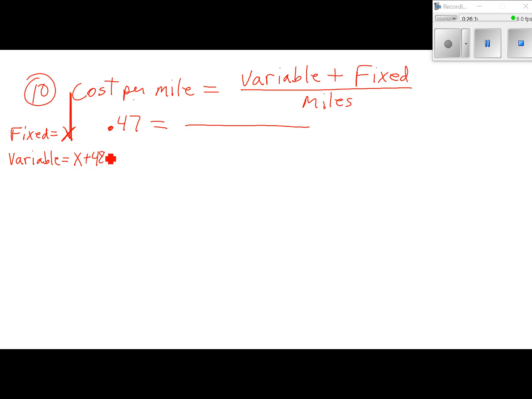And that's what we're going to stick in here. So for variable, it's X plus 48 plus the fixed, which is just X. And the miles they told us were 17,600.